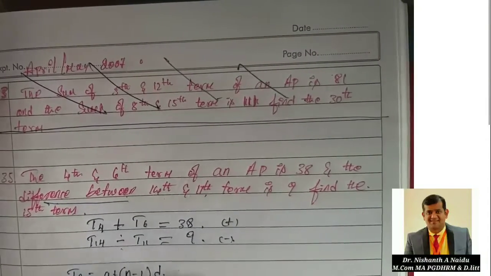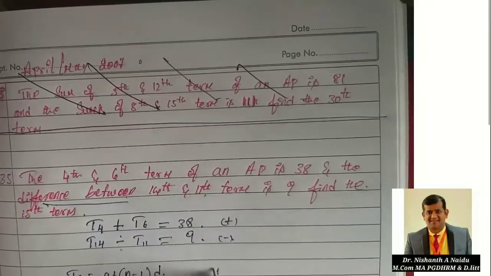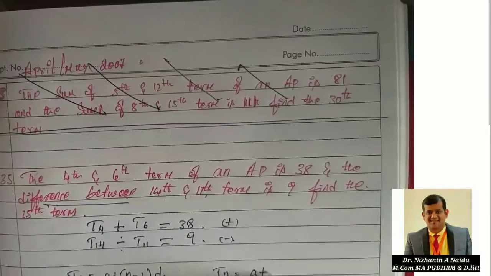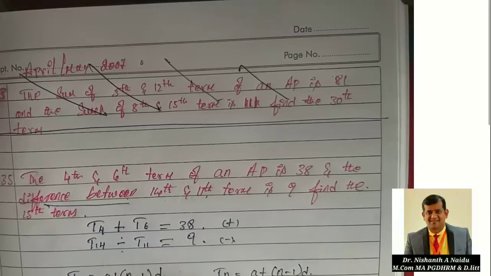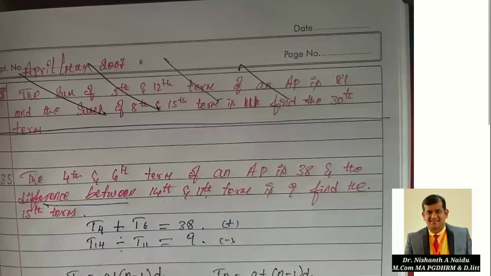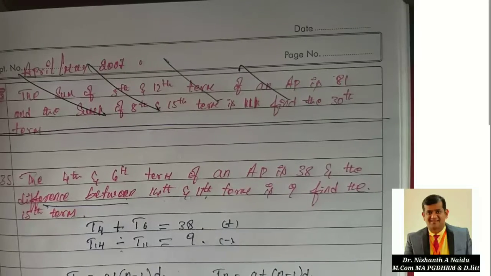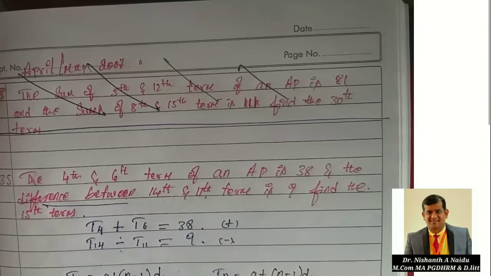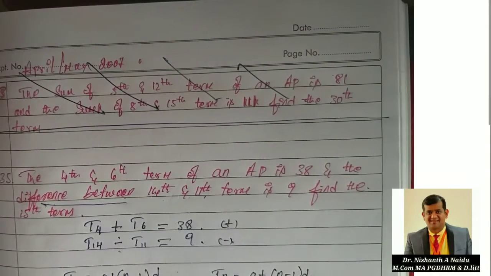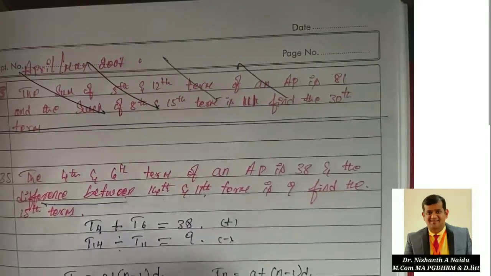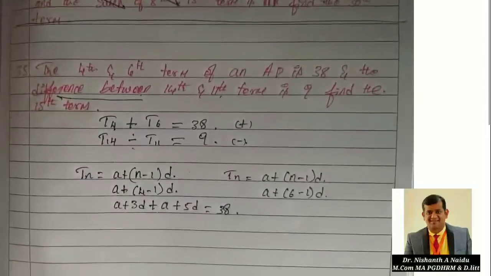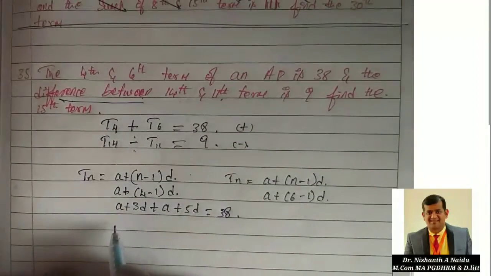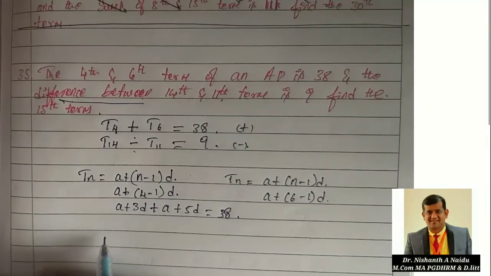Plus, the same way for 6: a plus 6 minus 1 into d. So you are going to get a plus 5d. 6 minus 1 is 5, so 5d. Understood? That equals how much? 38. Okay, so the same way, let us find the second equation.